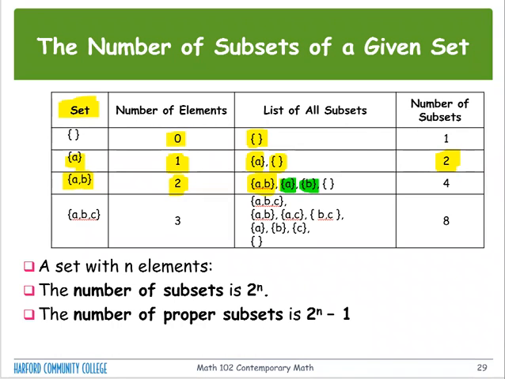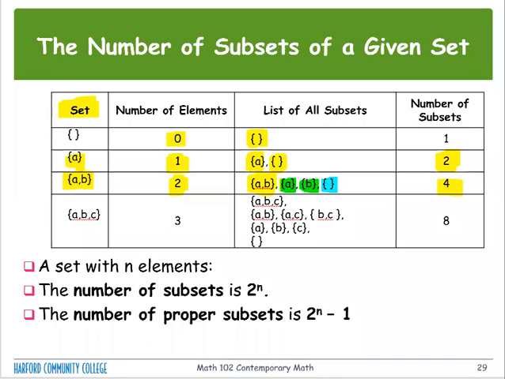After that, make a set that has no member. As you see, I highlighted the one in yellow containing 2 members, the one in green containing 1 member, and then the last one, no member. After we are done making a list, we can see there are 4 subsets for the set that has 2 elements.